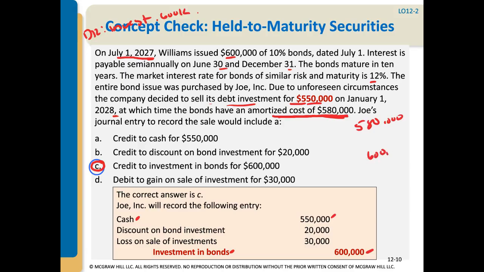They need to go up to $600,000 eventually, which means that our discount on bond account has a credit balance of $20,000 remaining. That's how we would have eventually gotten the investment balance to go up to $600,000 over time. But since we have a $20,000 credit, we need to debit discount on bond for $20,000, and therefore our plug is a loss on investment sale of $30,000.